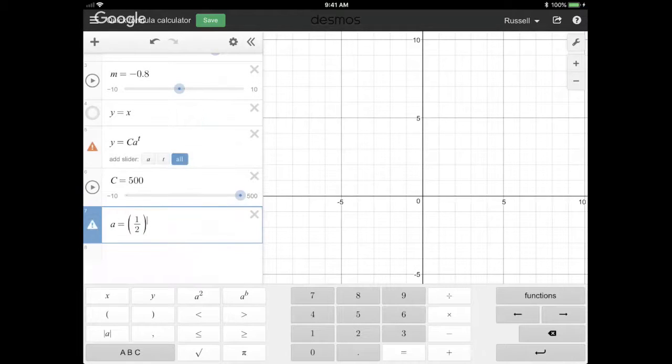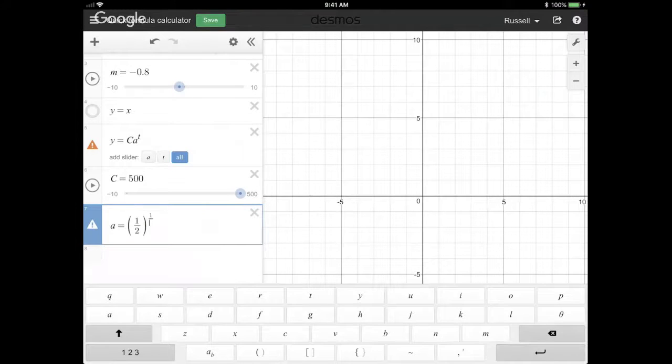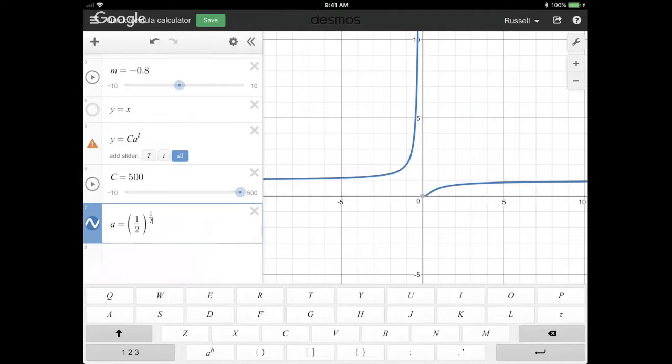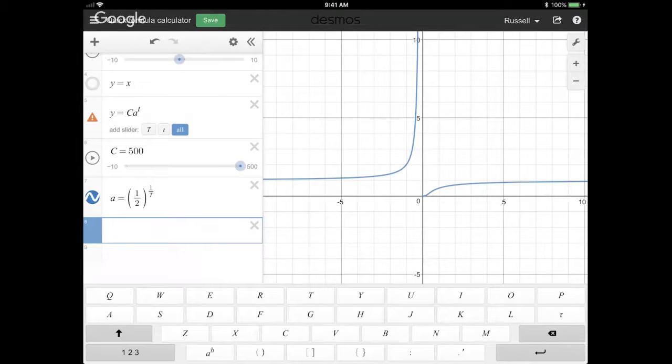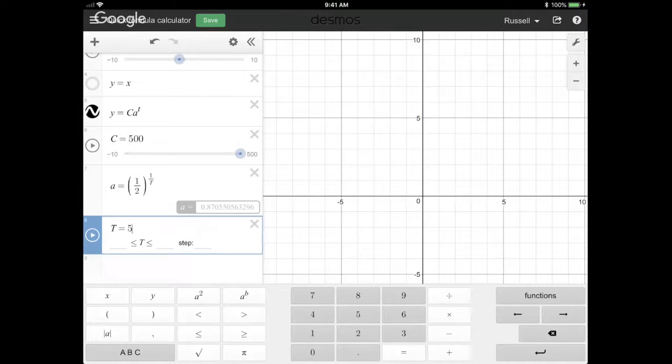Use that A to the B button again, to the 1 divided by cap T for half-life, right? Oh, wait, but I didn't tell it what T was. Oh, that's okay. Because what was cap T? That was equal to 5 hours. And look, there's our 0.87 again.